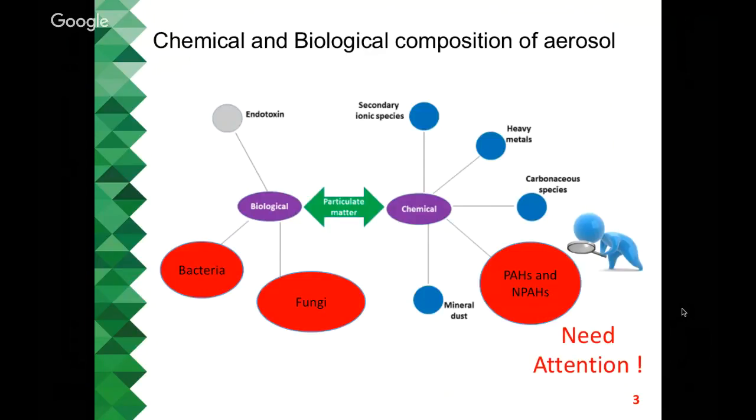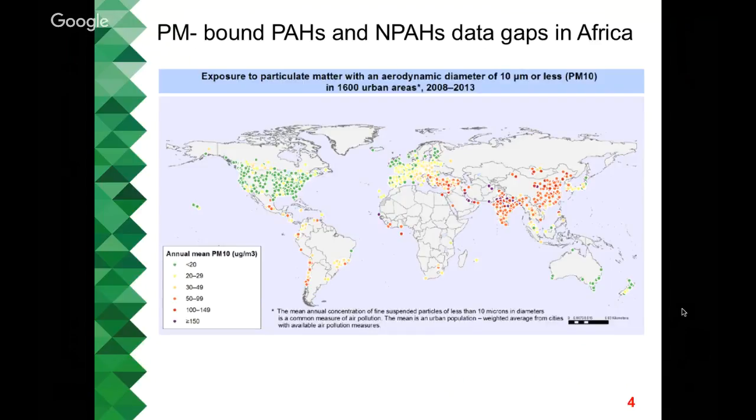In Africa, there's still a data gap, especially in air pollution. This is the map, I think, released by the World Health Organization, where there is continuous monitoring of PM10. But if you look at the African continent, it's blank. There is almost no monitoring.